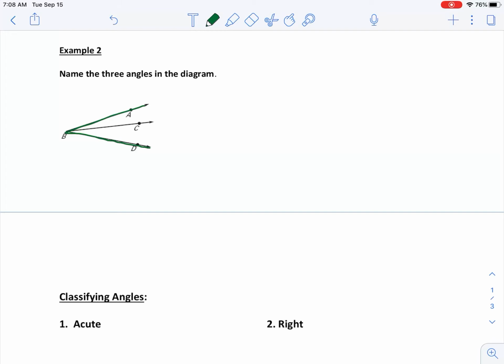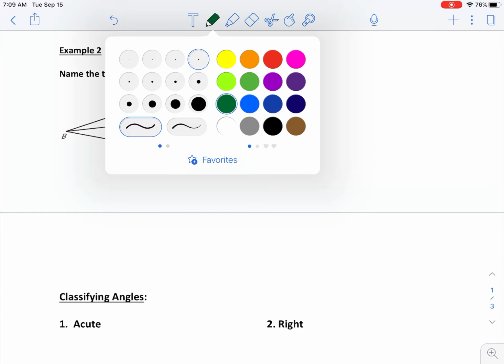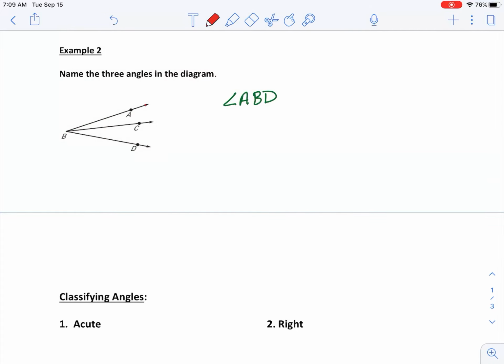So let me start off by saying, okay, first let's name this bigger one. If I want to name that bigger one, I'm going to call it, the way I traced, A, B, B's the vertex we'll keep in the center, A, B, D. Let's do another one. Let's get maybe another color here. How about red?